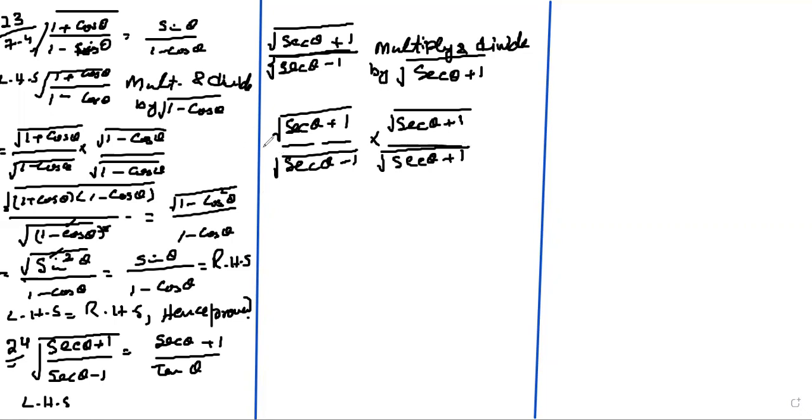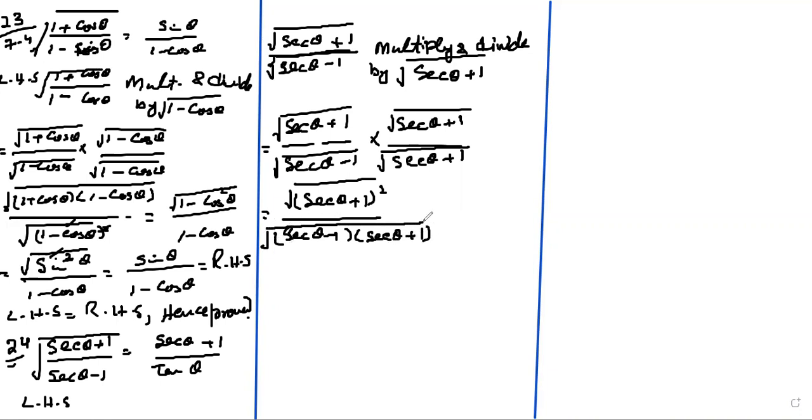So we have with equals to sign, secant theta plus 1 here and under the root. And this one will become secant theta minus 1 times secant theta plus 1. Right? This square and this will cancel.